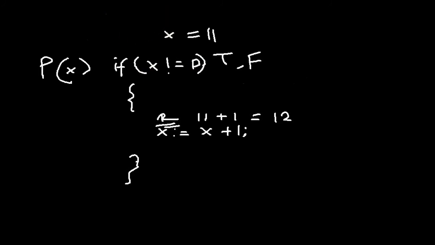And let me show you another one. Let us see one more example. Suppose I want to swap two numbers. X is equal to a, then y is equal to b.